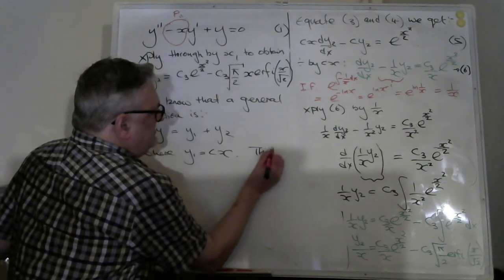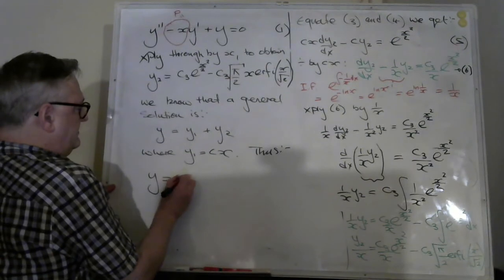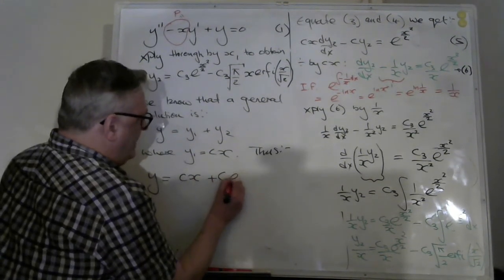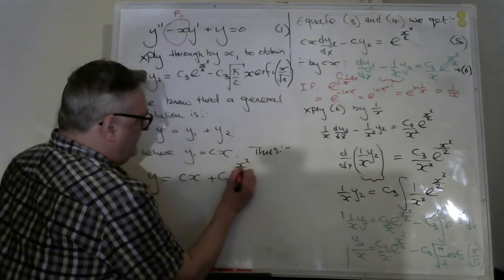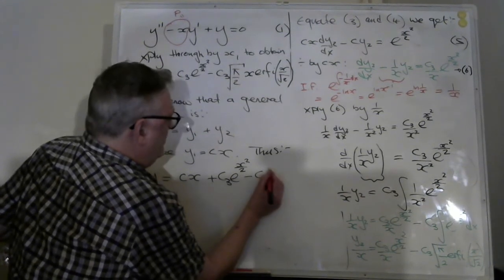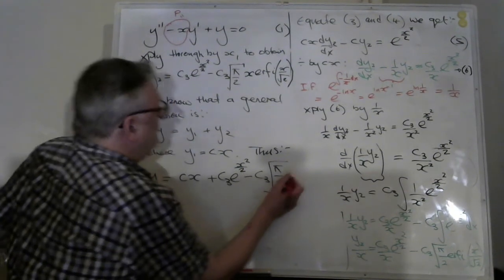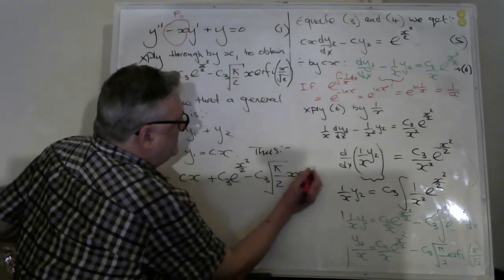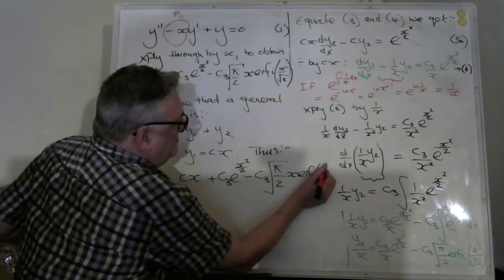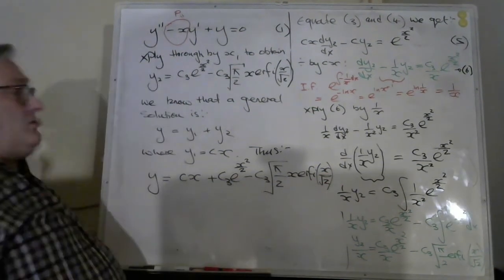Thus, y is equal to Cx plus C3 e to the x squared over 2 minus C3 times the square root of pi over 2 times x times the imaginary error function of x over root 2.